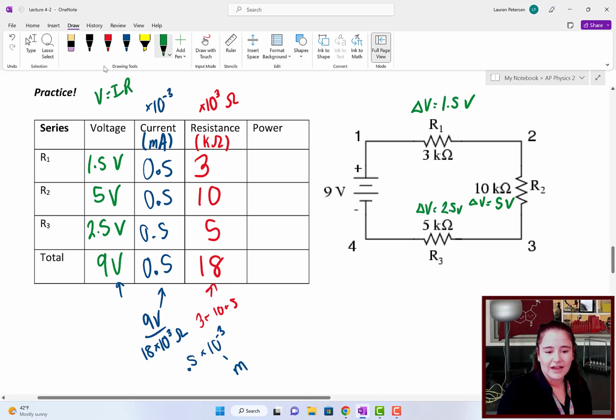And we can always check: 1.5 plus 5 is 6.5, plus 2.5 is 9 volts total. So we have solved out the circuit.